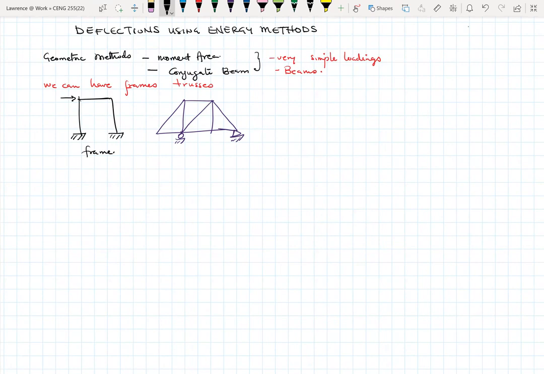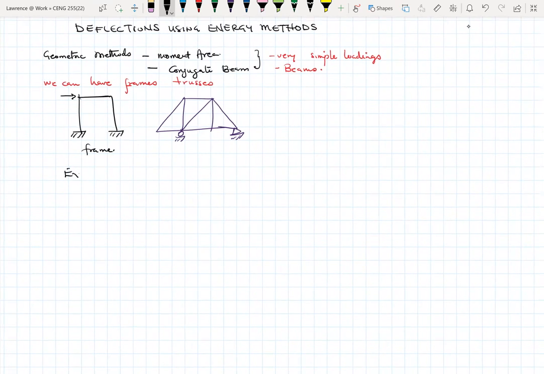Let's look at what we call external work, and then internal work. This internal work is called strain energy. Like I said, for more complicated loadings or for structures which have frames and trusses, we can use the energy methods for the computations.